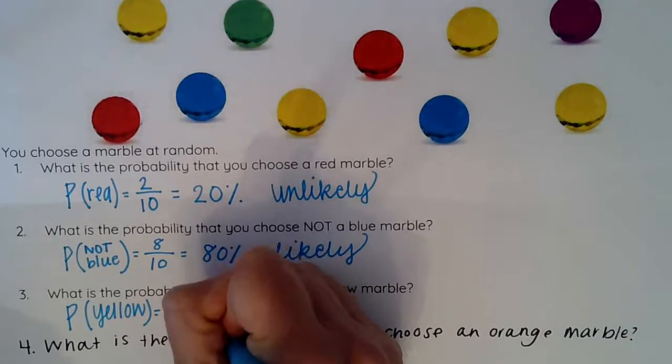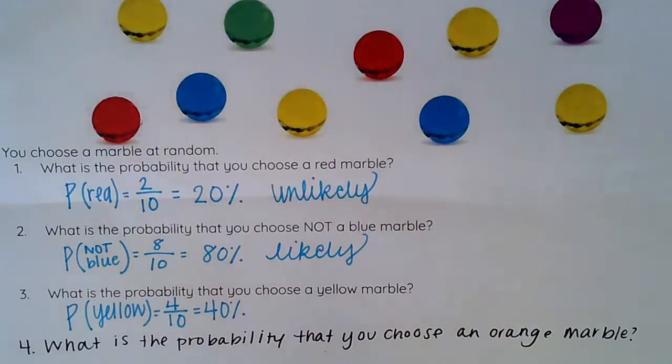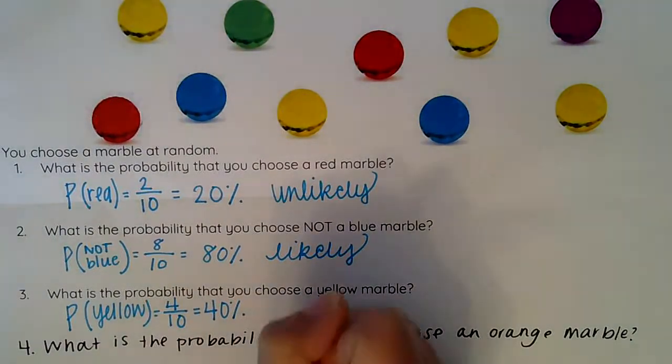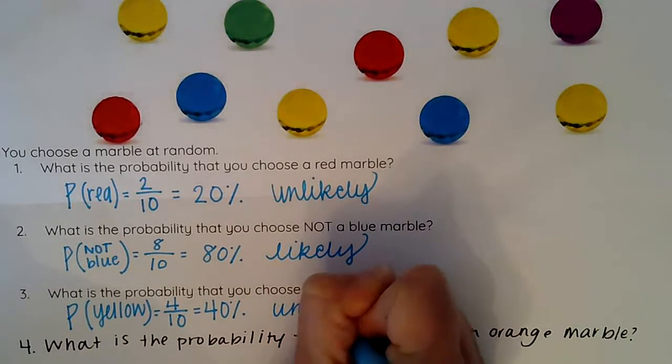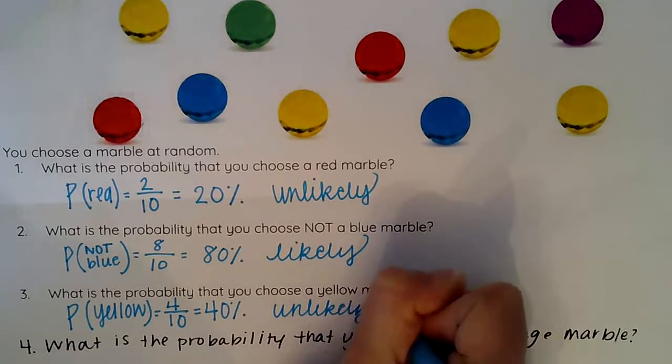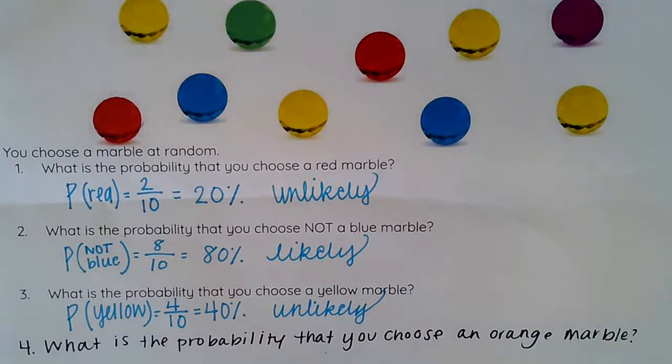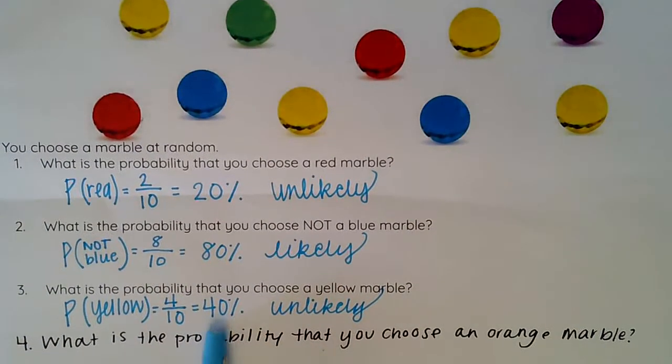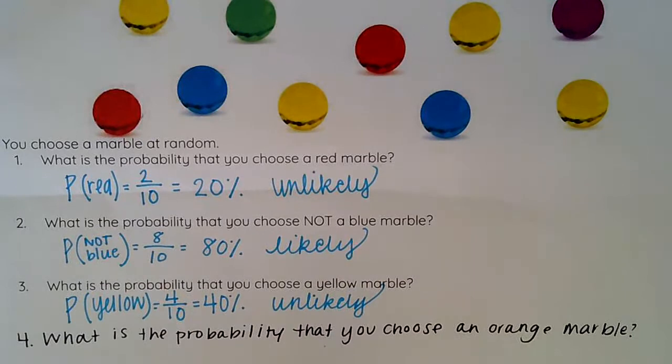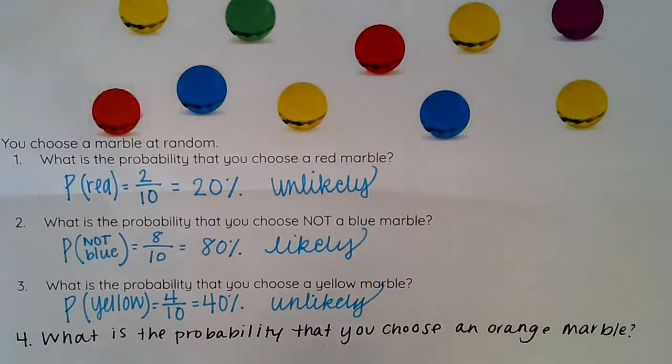That leaves me with 40%, which is unlikely. Okay, so I have a 40% chance of pulling a yellow. This is an unlikely event.